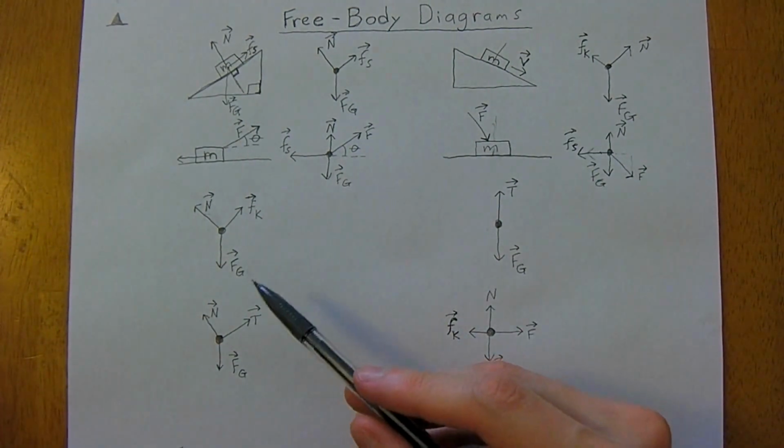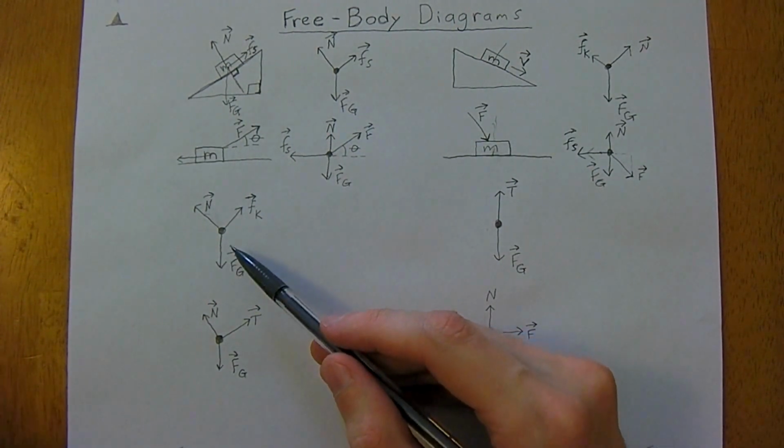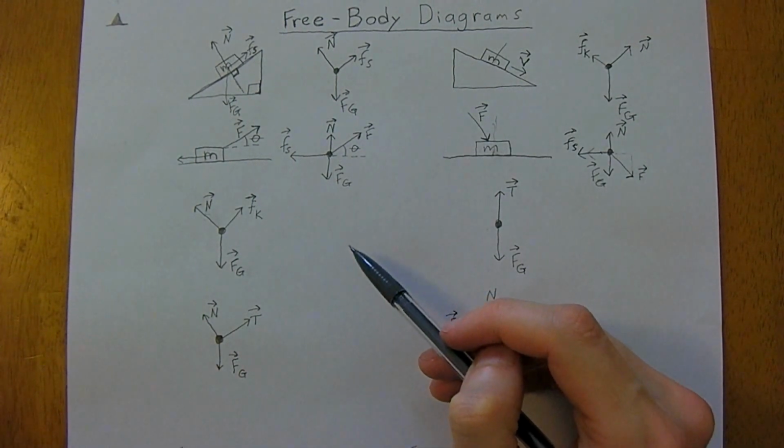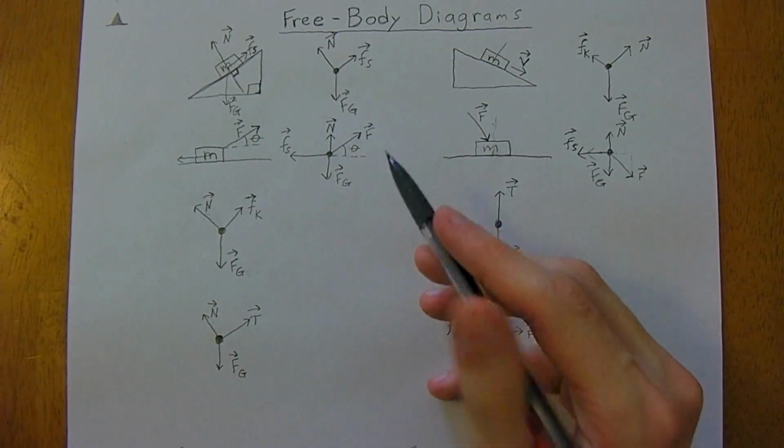Okay, so now we're going to go the opposite direction. We're going to start with our free body diagram and figure out what's happening in the real world situation.